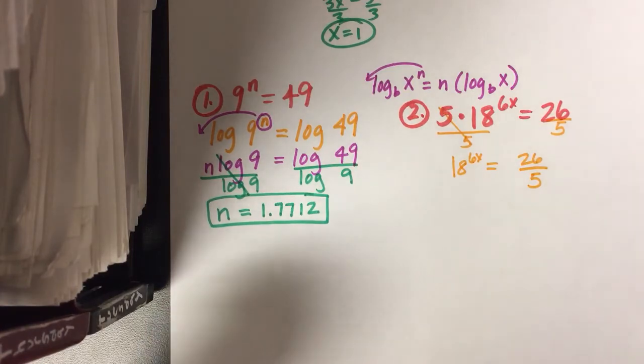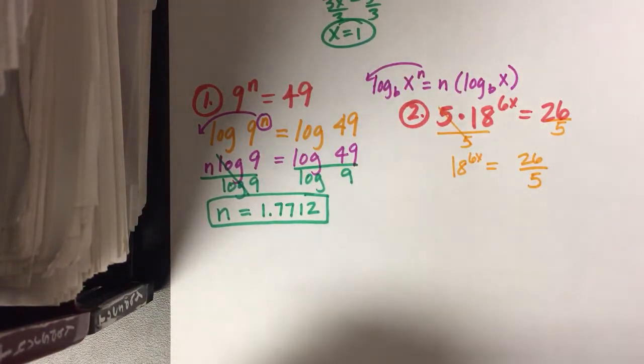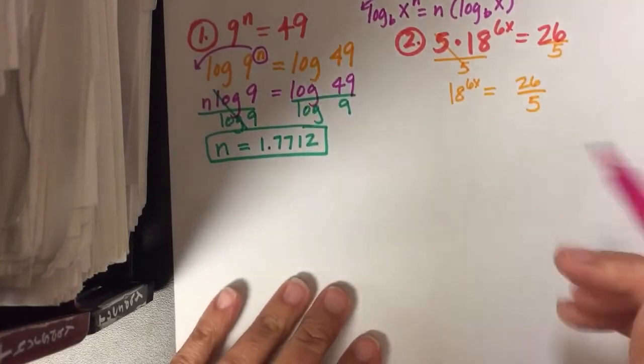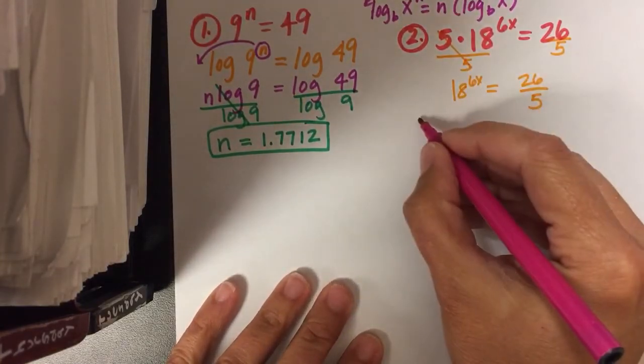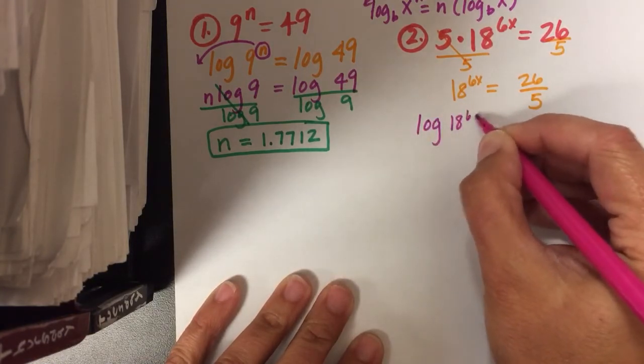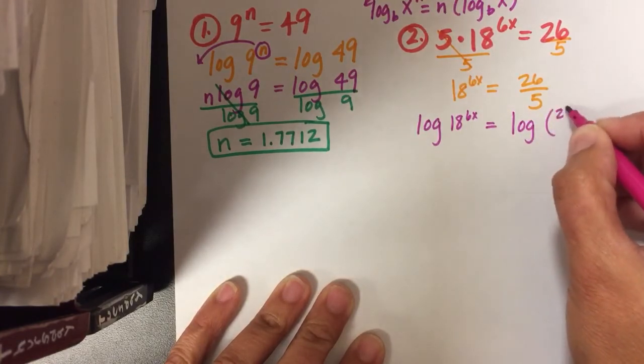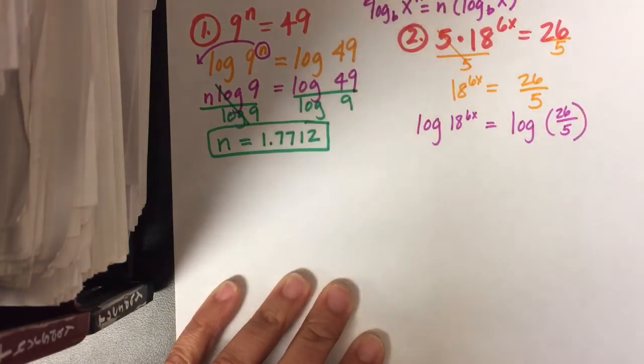Obviously, we're not going to find a common base here. So in lieu of finding the common base, we are going to take the common log of both sides. So I'm going to take log of 18 to the 6x, and that's the same thing as log of the whole thing, 26 over 5.